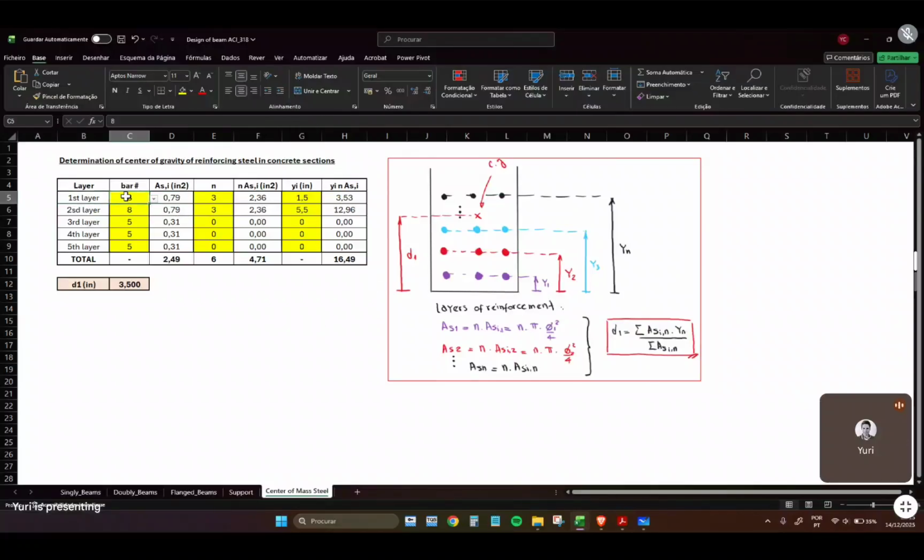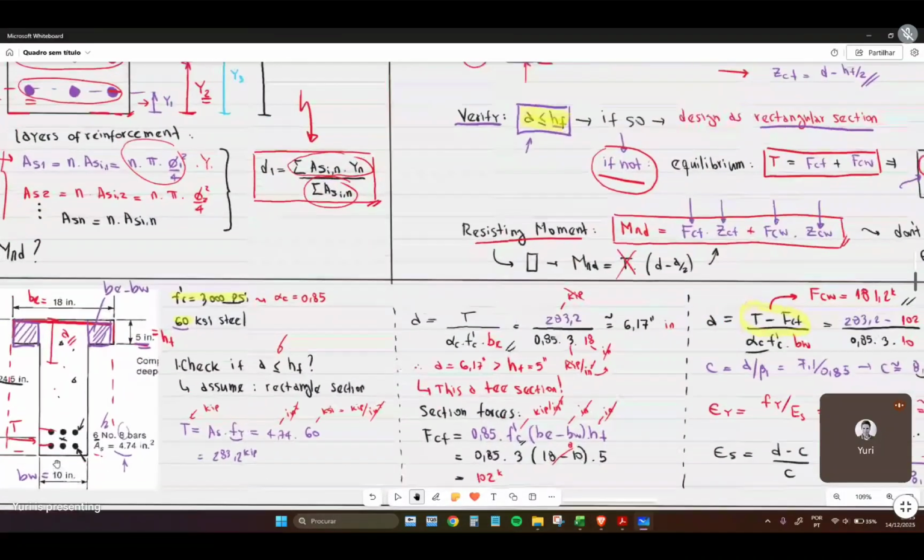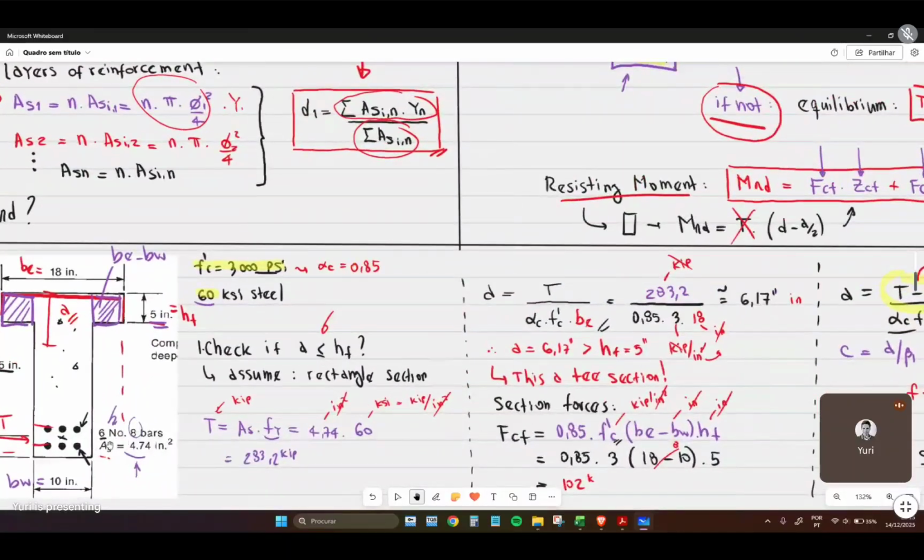So in this exercise, we have number 8 bars. I'm just putting anyone here. And then we have 3 bars on the first layer and 3 bars on the second layer, as you can see from the example. So here, 6 number 8 bars.